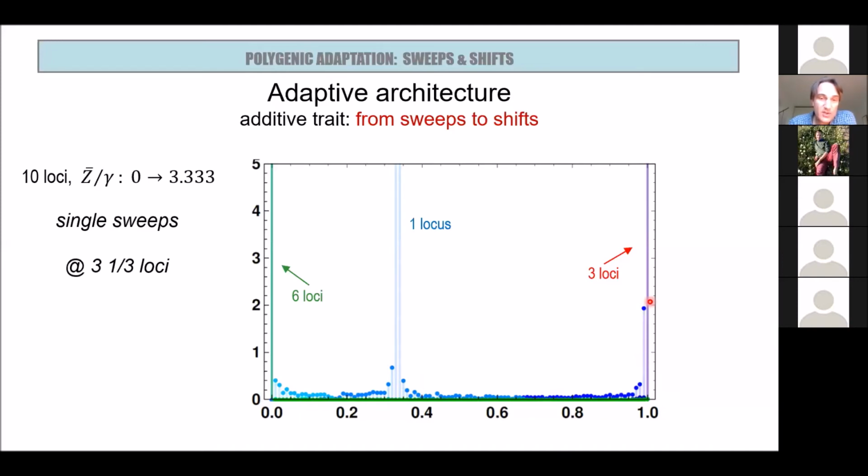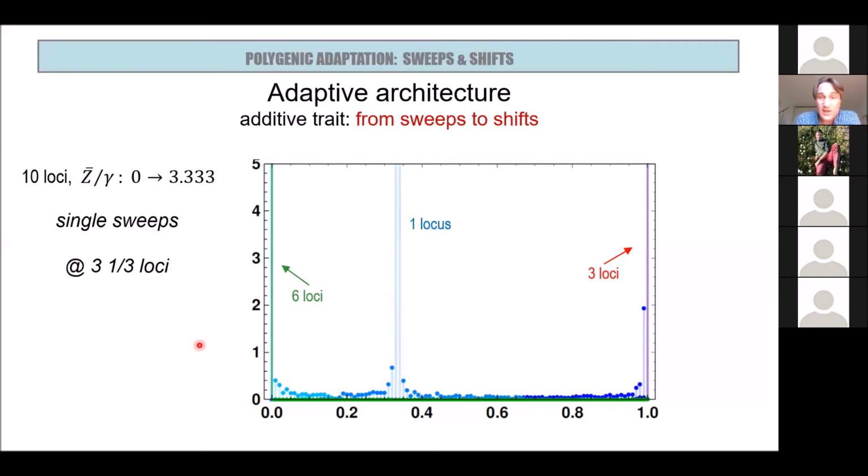Then there's a third locus that has also started here, and has now walked to just a third of the frequency range. These three together plus this one just make this 3.333 that we need for our overall adaptation of this trait. And then there are 6 other loci that didn't even have any variation to start out with.